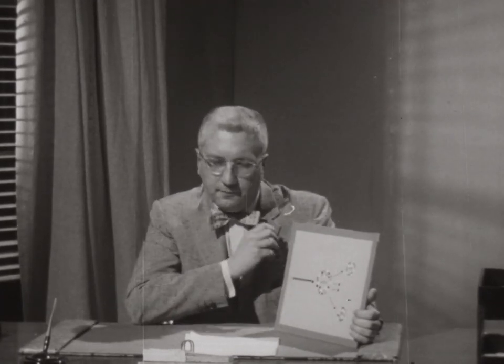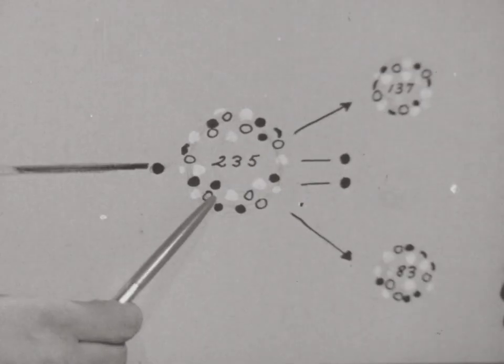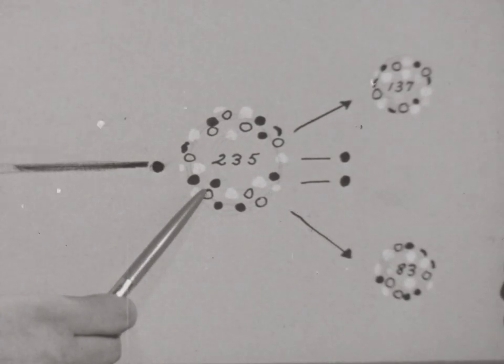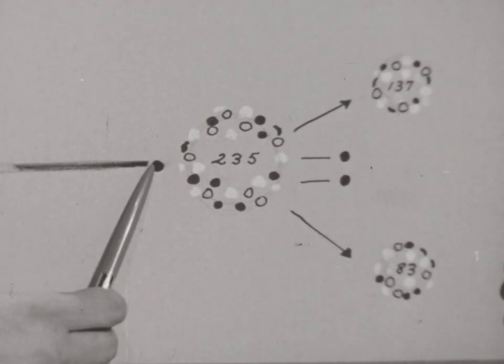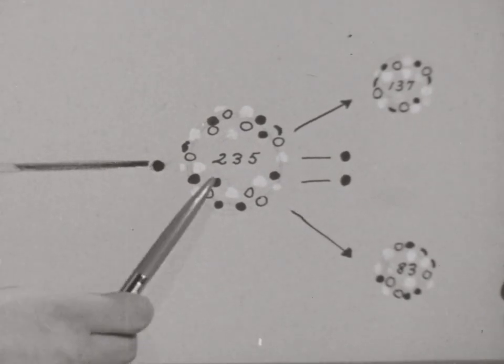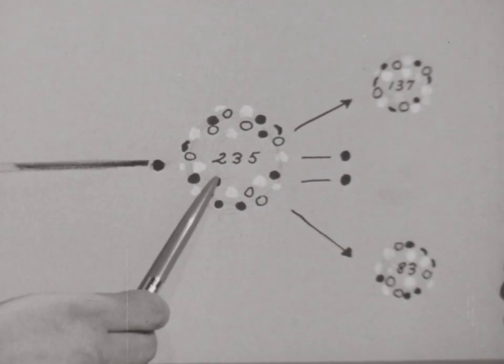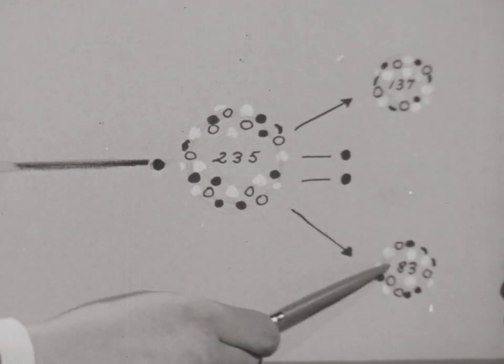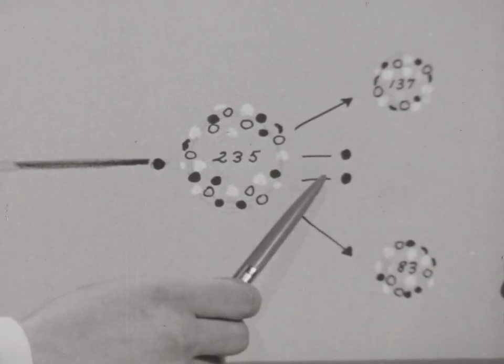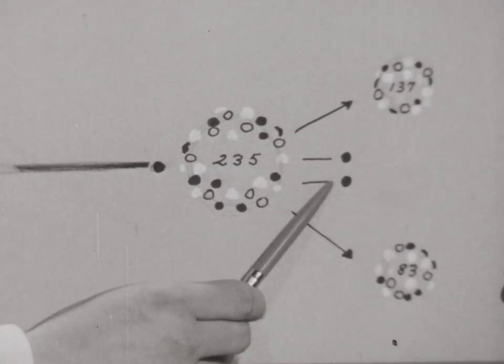You remember from some of our past discussions that the fission process, as an example, is the splitting of uranium-235 by a neutron. That is, when a neutron impinges upon uranium-235, the uranium splits, goes into two fission fragments, and also gives out some additional neutrons.